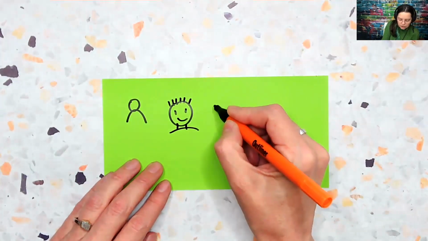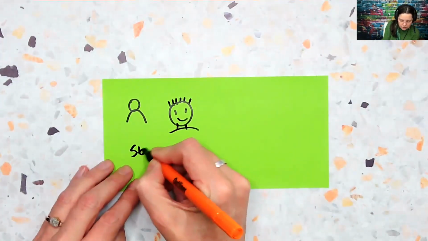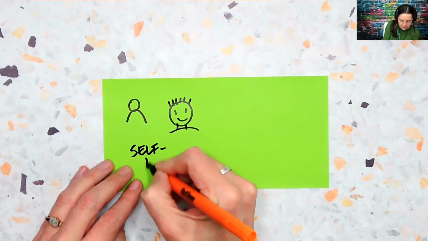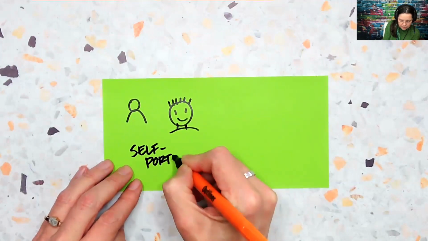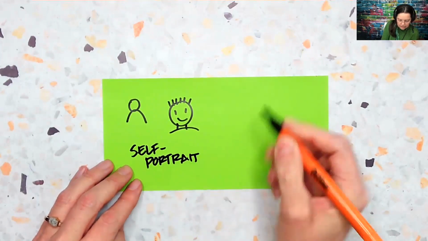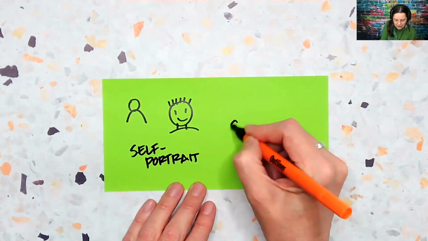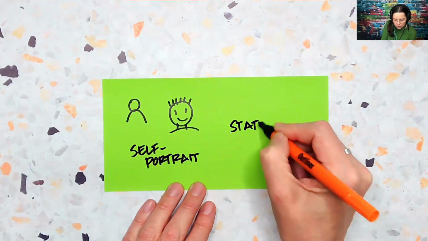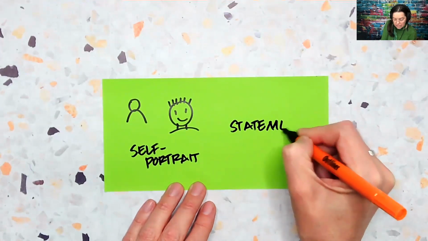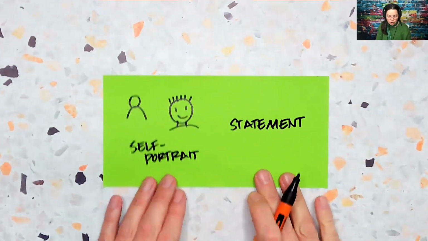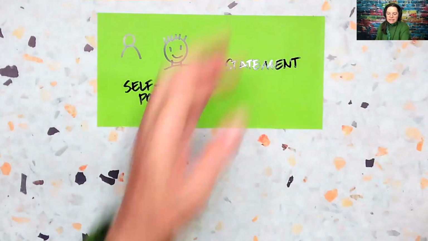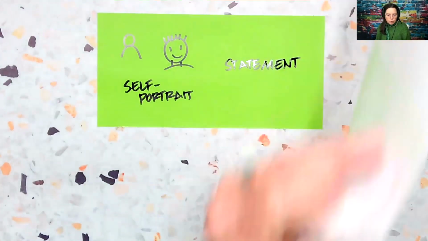And then I would like you to create just a quick statement. And again, your self-portrait can be as detailed or easy as you want. And then I want you to make a quick statement about how you plan or are using visuals in your work, okay? And this is going to be super quick.